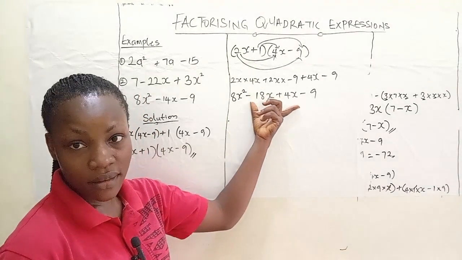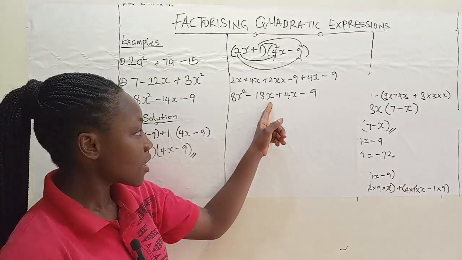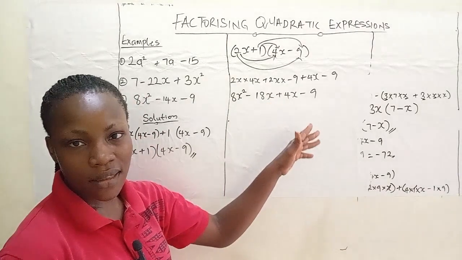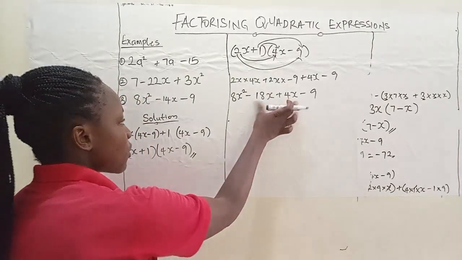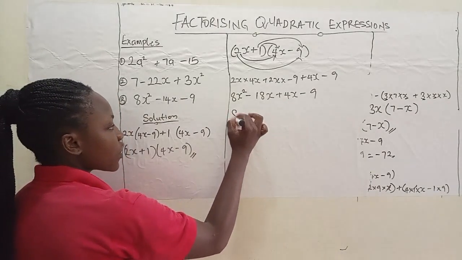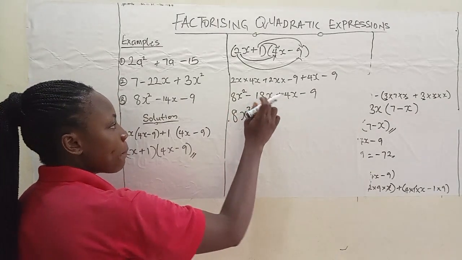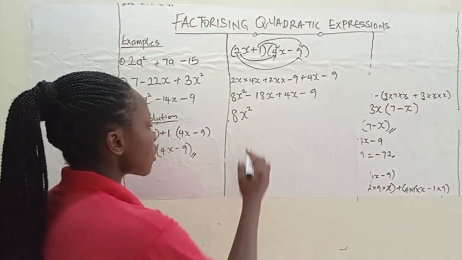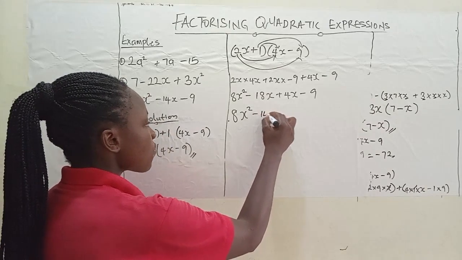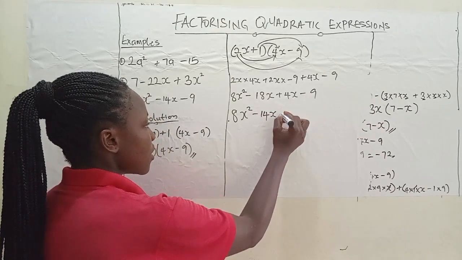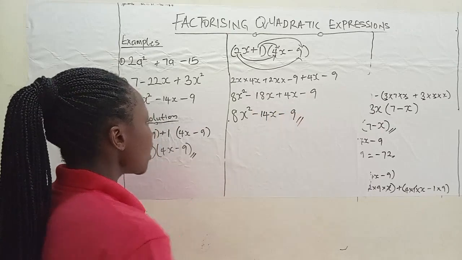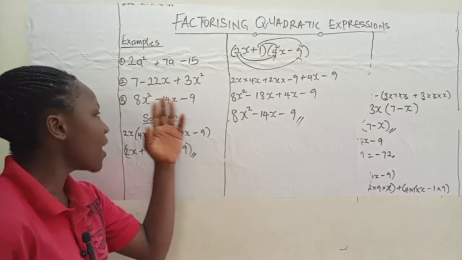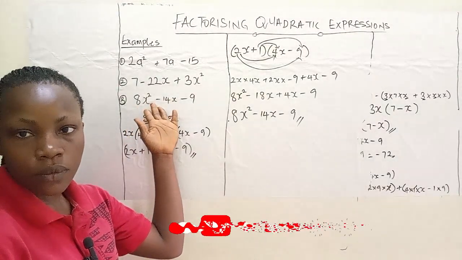Alright, here we have like terms. That is minus 18x plus 4x. So we are going to add them together, giving us 8x squared, and minus 18x plus 4x is going to give us minus 14x. Here is minus 9. We have gotten back this expression.